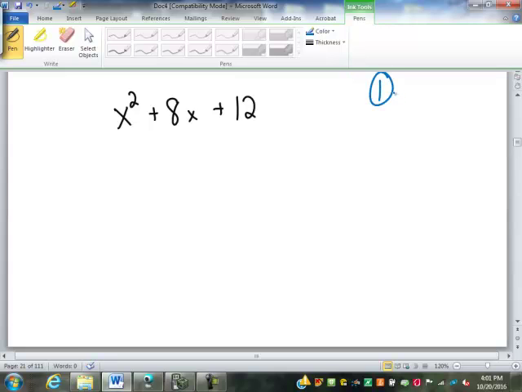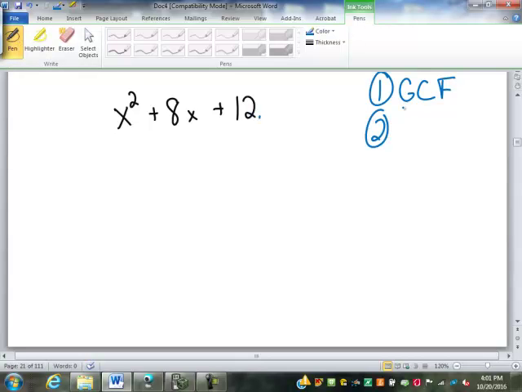Step 1 is always going to be, even though I didn't really do it on the last one, check for greatest common factor. Are there any common factors here? No, because this is just a 1 here, right? So there's no numbers, and there's no variables. So there is no common factor, so I can't take out a common factor. We should always check for that first.